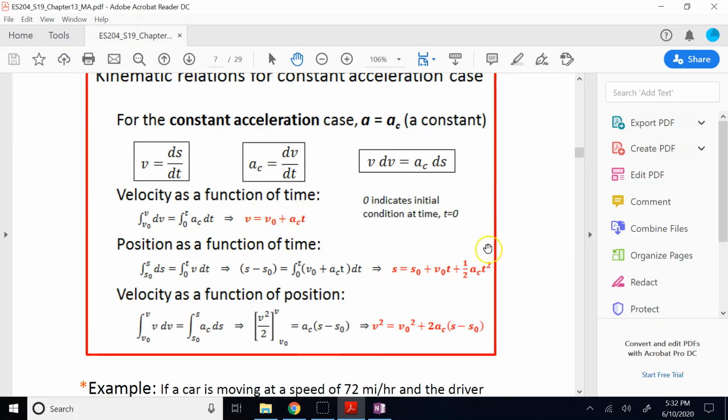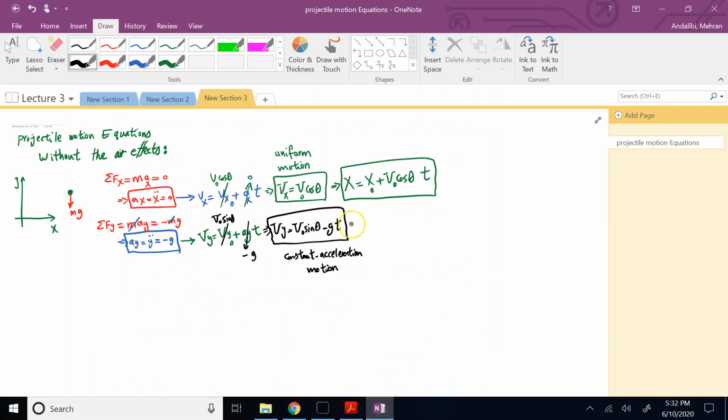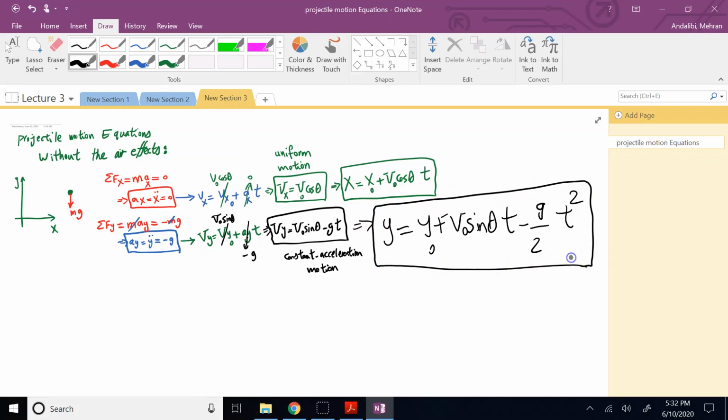And then if I integrate this one more time, I'm going to get y to be y naught plus initial vy, which is v naught sine theta, times t plus 1/2 of acceleration. Acceleration is g, so it's going to be negative 1/2 g times t squared. And this equation is the y equation. So you see y does change with time in a quadratic manner.